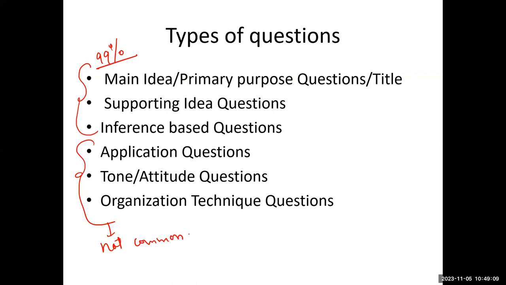Now and then you will get a question from these 3 areas, but they're not very common. So let's say out of 6, 7 paragraphs, one of the paragraphs will have one question which asks you what is the tone of the author. Out of 6, 7 paragraphs, one question will be based on application or organization technique.